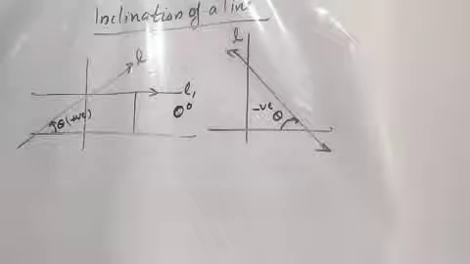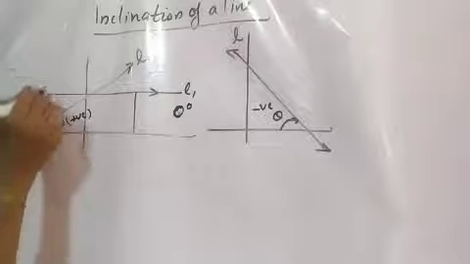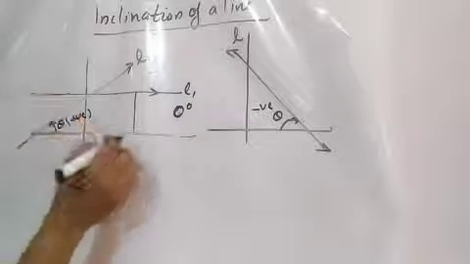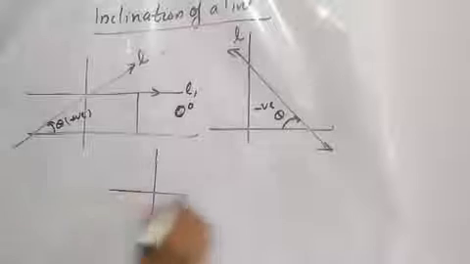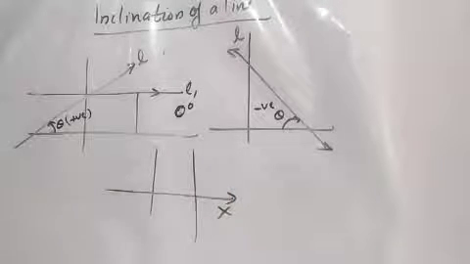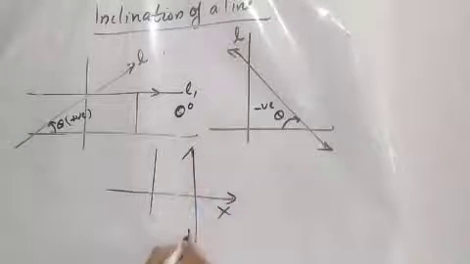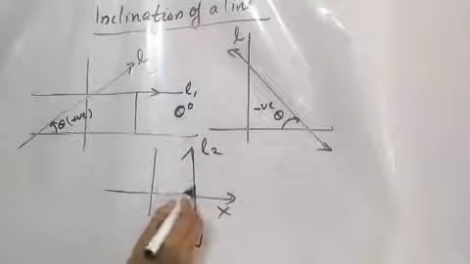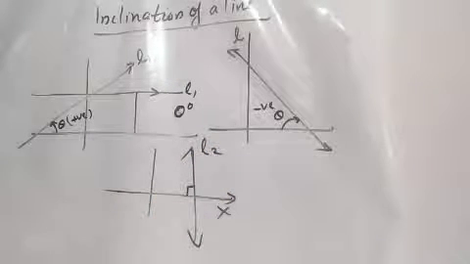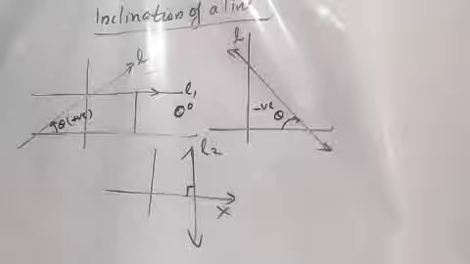And every line perpendicular to the x-axis: here you can see this is the x-axis, and this is another line perpendicular to the x-axis. What about the inclination?